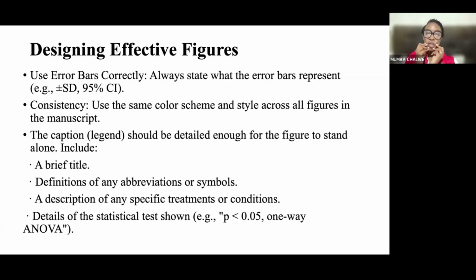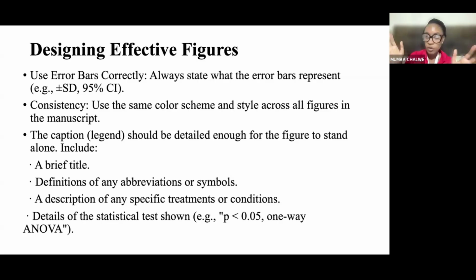It should have a title, like I mentioned, any abbreviations or symbols, and a description of any specific treatments or conditions, like, for this population, this was the control population, or this was the exposure population.